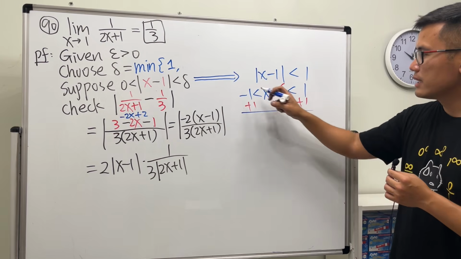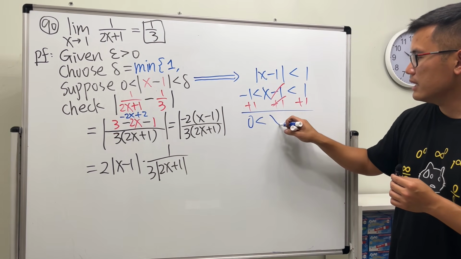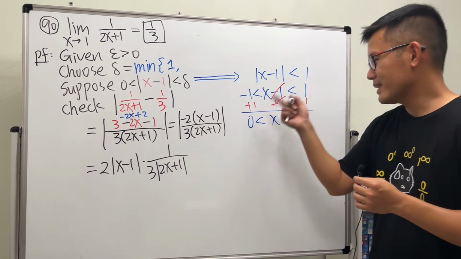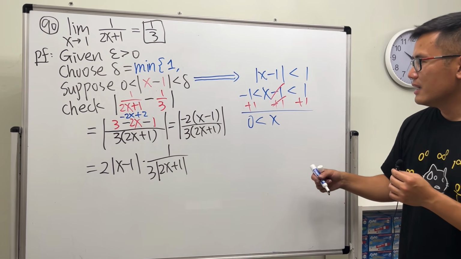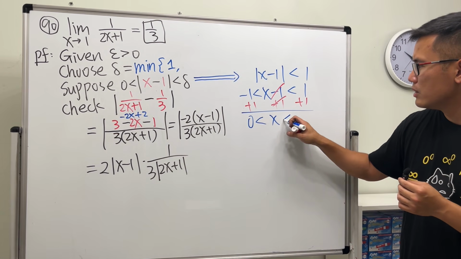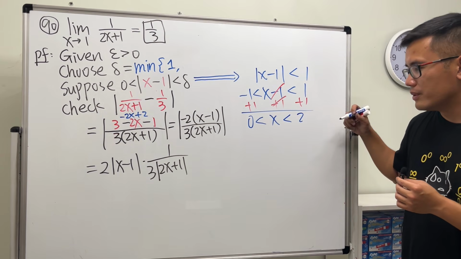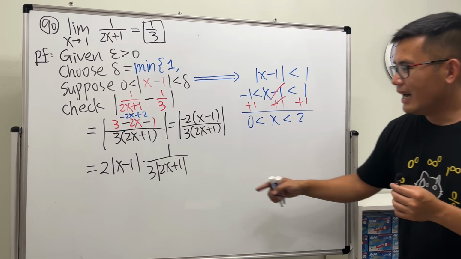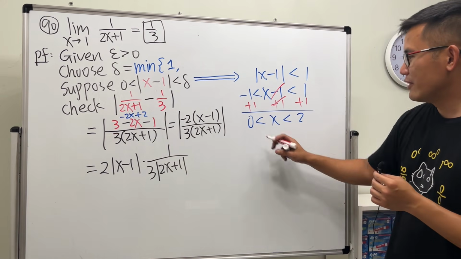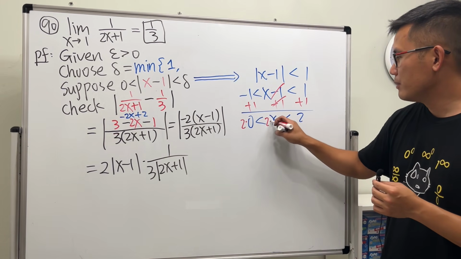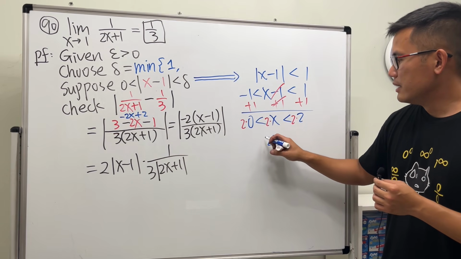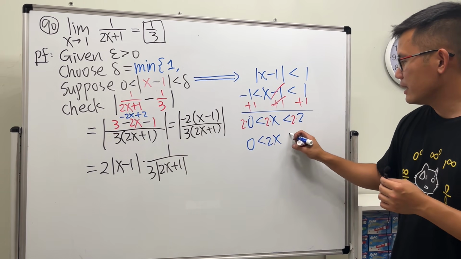So we see that's 0, and then that's x. But let's do the things that we did earlier. I need a 2x, so let's multiply everybody by 2. So 2x is in between 0 and 4.